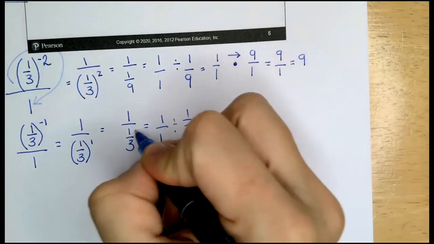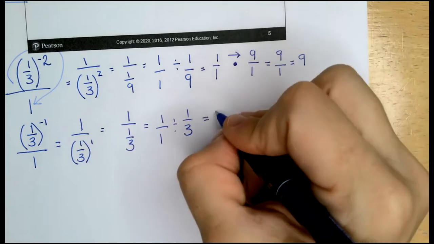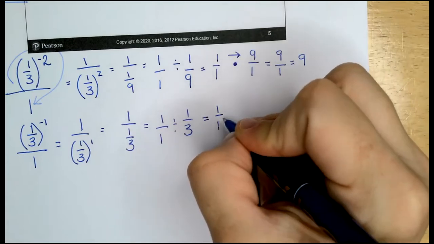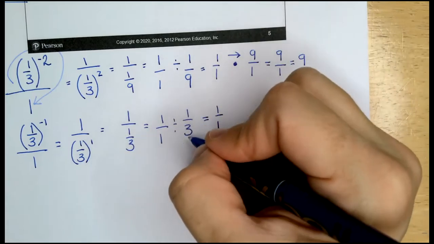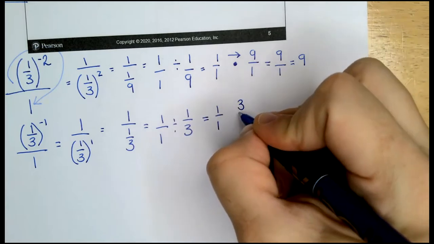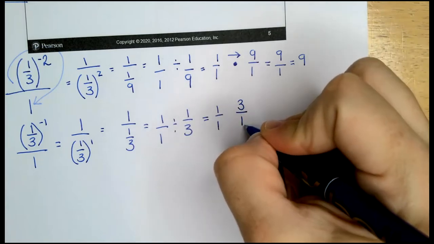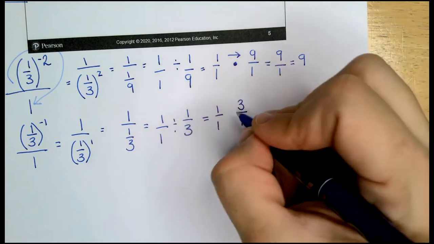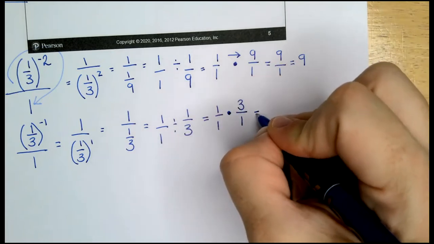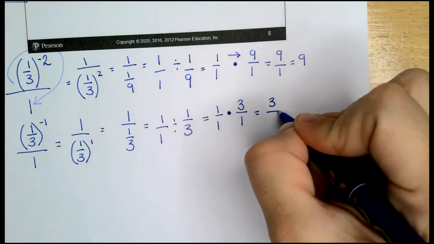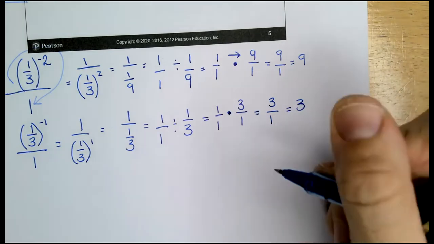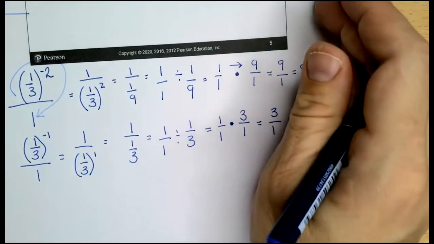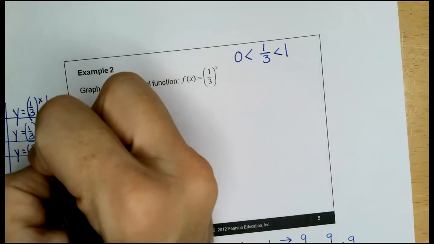Just wrote it horizontally instead of vertically. So that's 1/1. Keep, flip this. So turn the 3 upside down, the 1 on the bottom. Change from division to multiplication. 1 times 3 is 3. 1 times 1 is 1, 3. So (1/3) to the -1st power is 3.